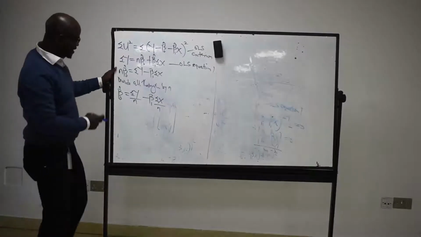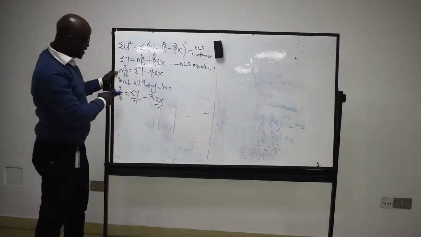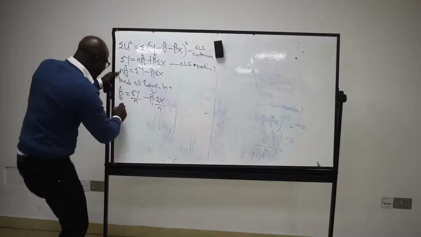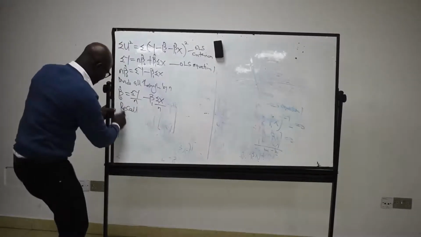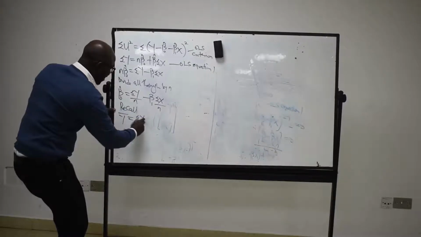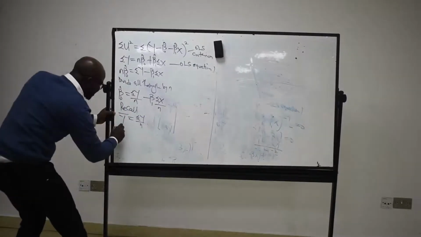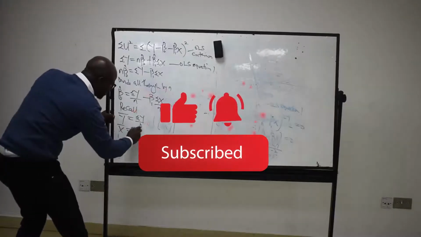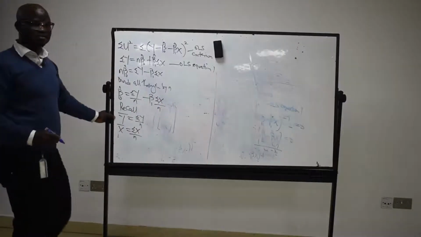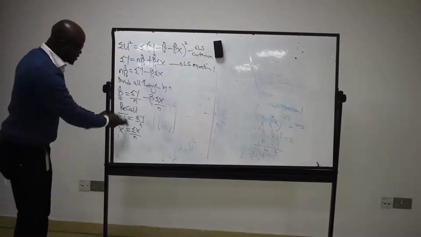Class, remember that summation y over n is the same thing as what? Recall that y bar is equal to summation y over n, and x bar, which is the mean, is the same thing as summation x over n. So I can replace this with this.